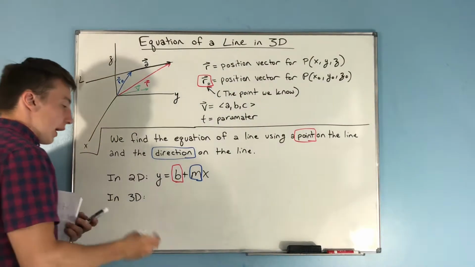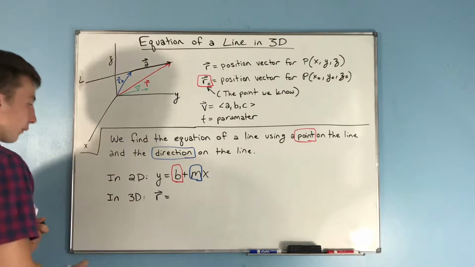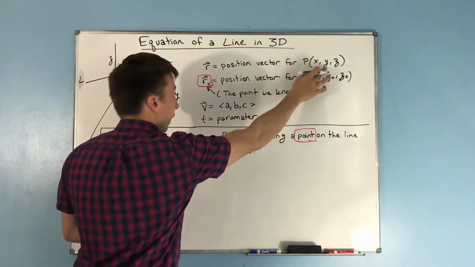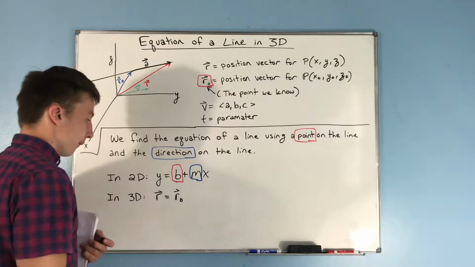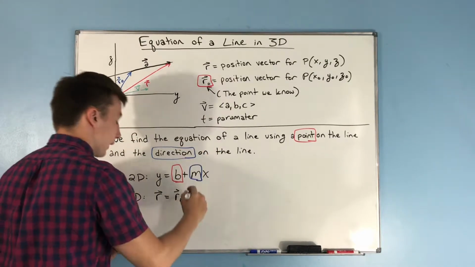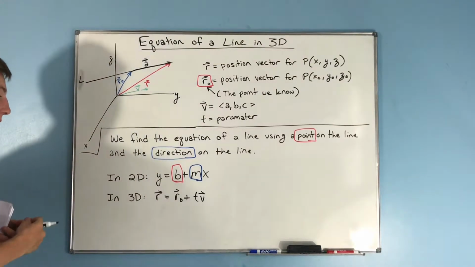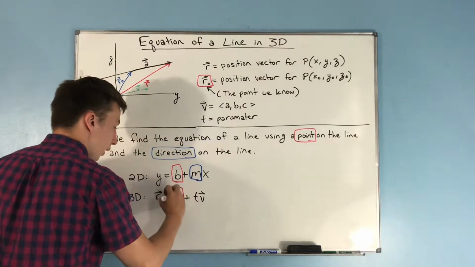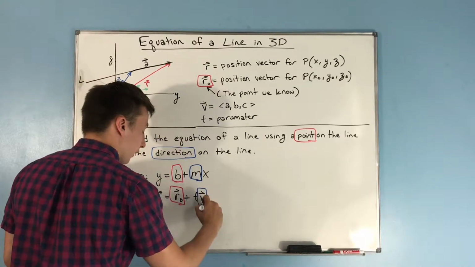Now in 3 dimensions, this equation ends up being r, the position vector for any random point on the line, equal to this vector r0 plus your slope, represented by t times vector V. So you have a point that you know, and a direction represented by vector V.